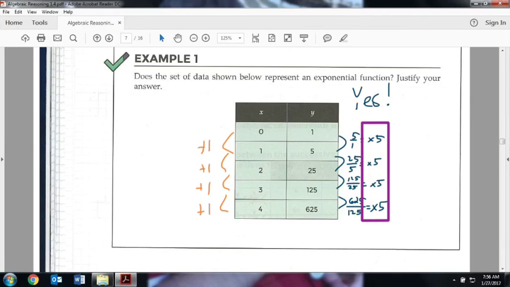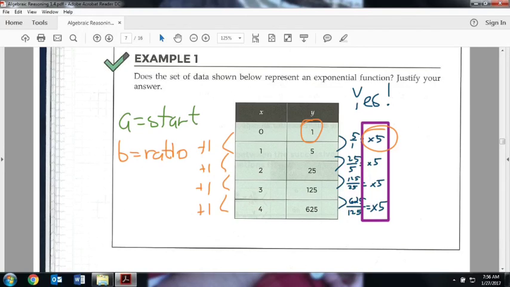Yes, it's exponential. And I know the instructions don't say it, but I want you to go ahead and write the equation. Remember, A is your start, B is your ratio. So A equals start, B equals ratio. In this case, your starting point is 1, so A is 1.